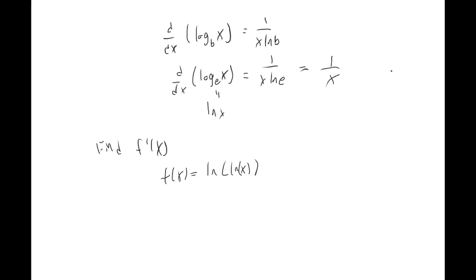Chain rule. My outside function is ln, and my inside function is ln x. The derivative of ln is 1 over x, so it's 1 over the inner, which is ln x, times the derivative of the inner. So this should be your derivative.